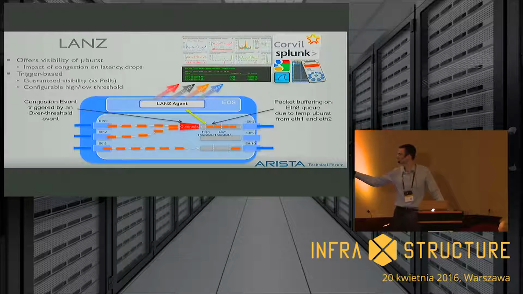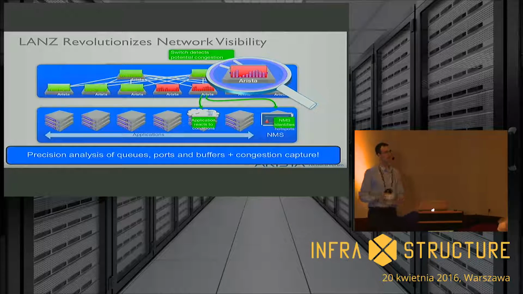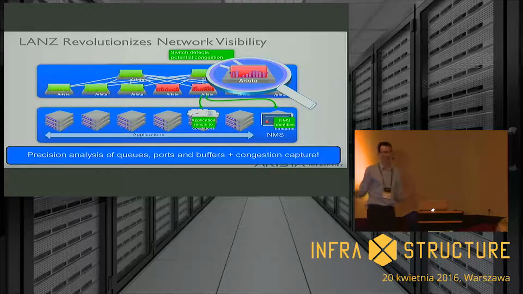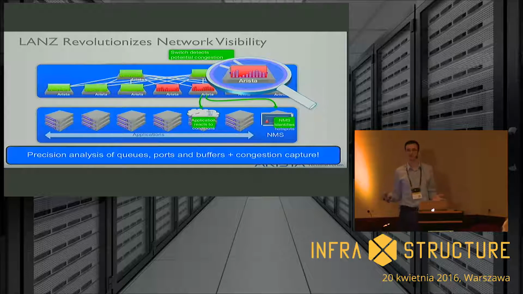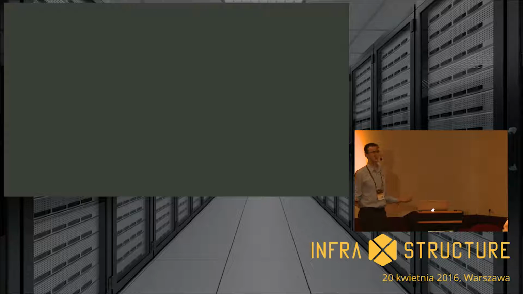And what that gives you, in knowing the exact buffer, is this: a network map with heat maps of different buffers in a network. Today, when you don't receive alarms, you think everything is okay because you don't receive red alarms, because you are not having drops.